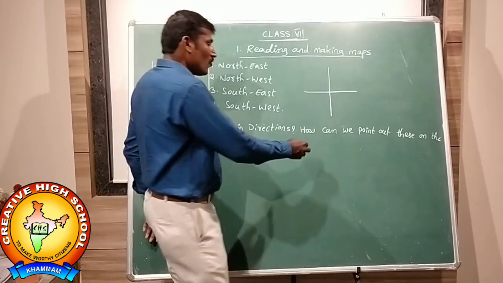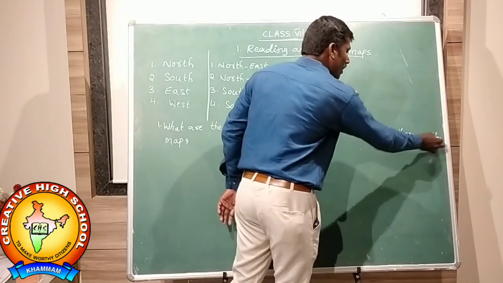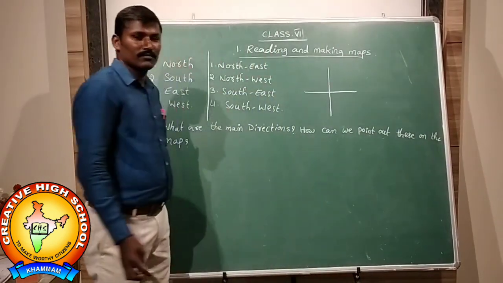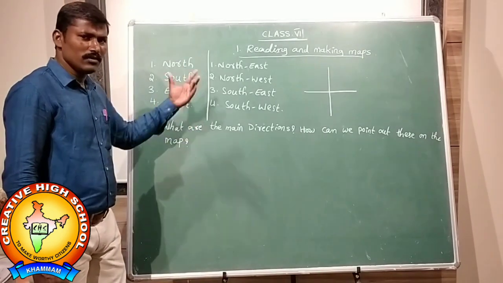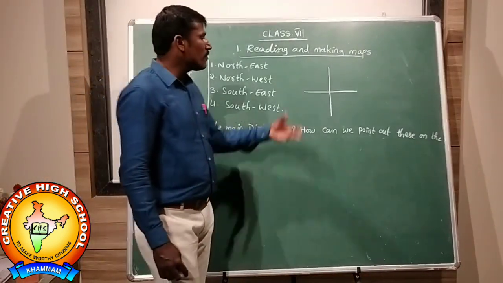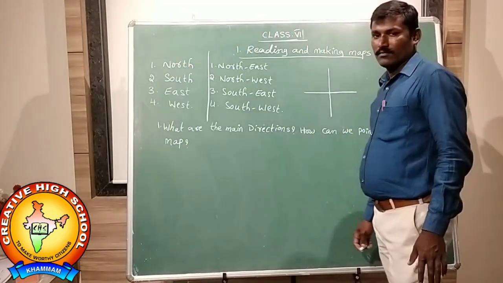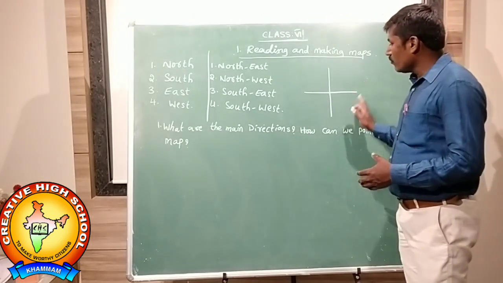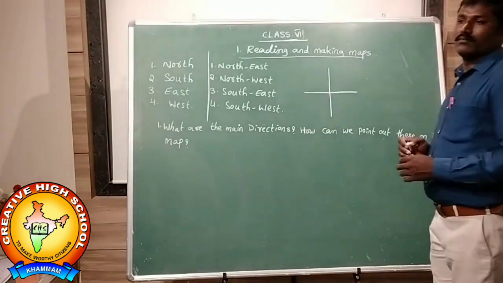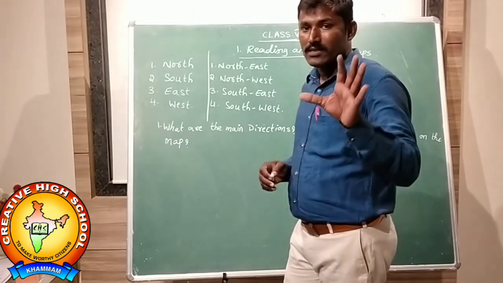Now, how can we point out these directions on the map? Yes, there are 4 directions. Good. But how can we point out these 4 directions on the map? Here, when we take a map, always our right hand side.